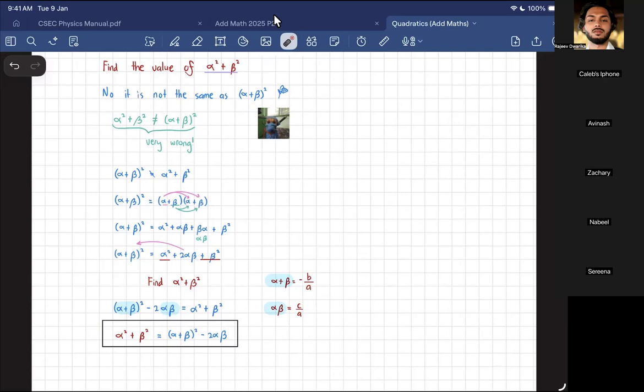Right, but just for your knowledge, let me show you what alpha cube plus beta cube is in case it comes up.